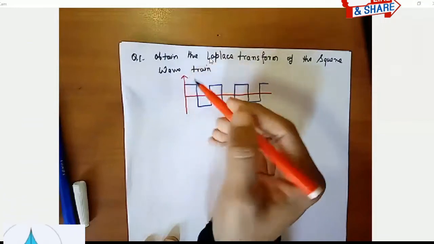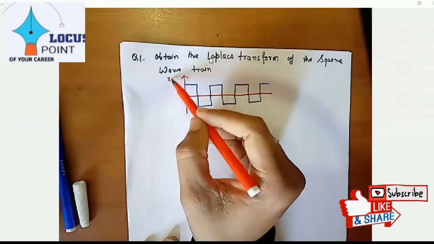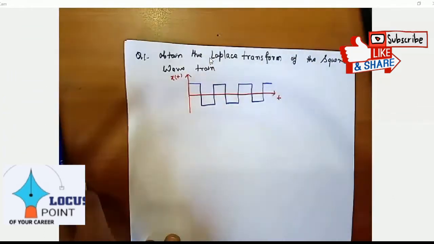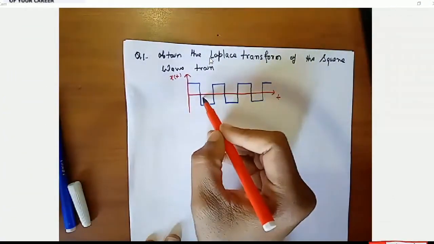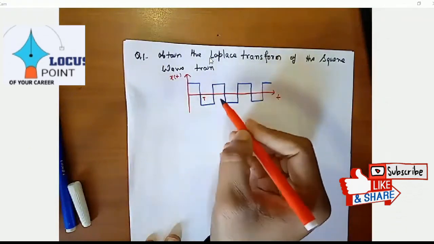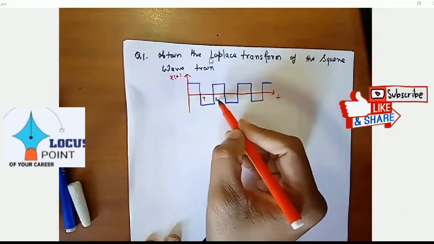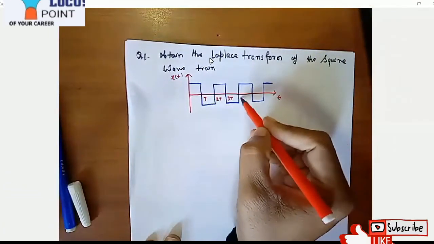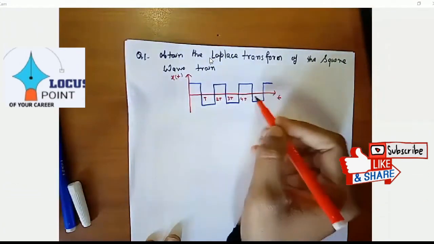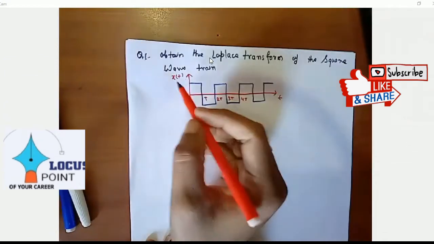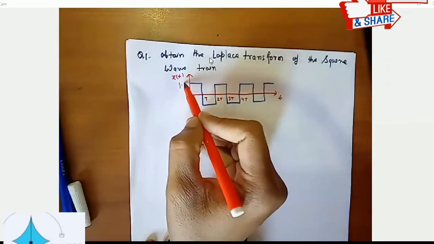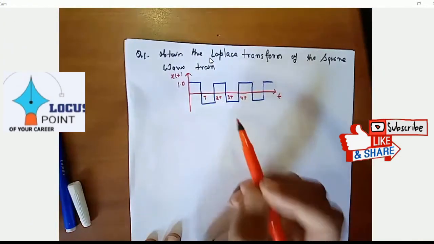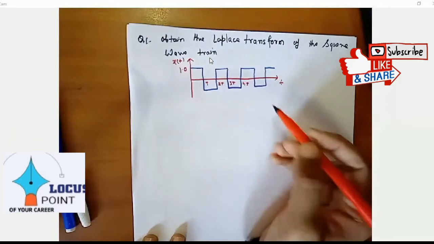This is like x(t), and this is t. This is T, this is 2T, this is 3T, this is 4T, like this 5T, 6T, and so on. And this value is given in the point. Clear? It will be like this.